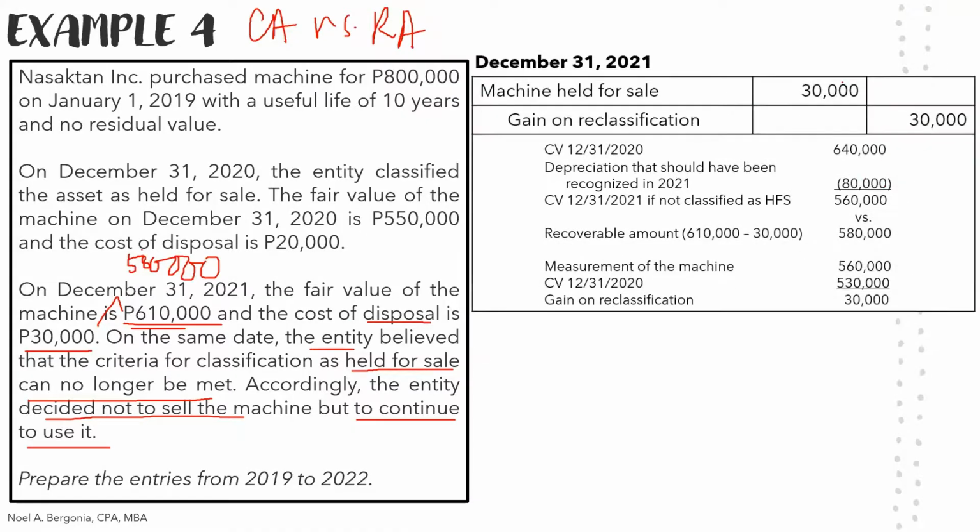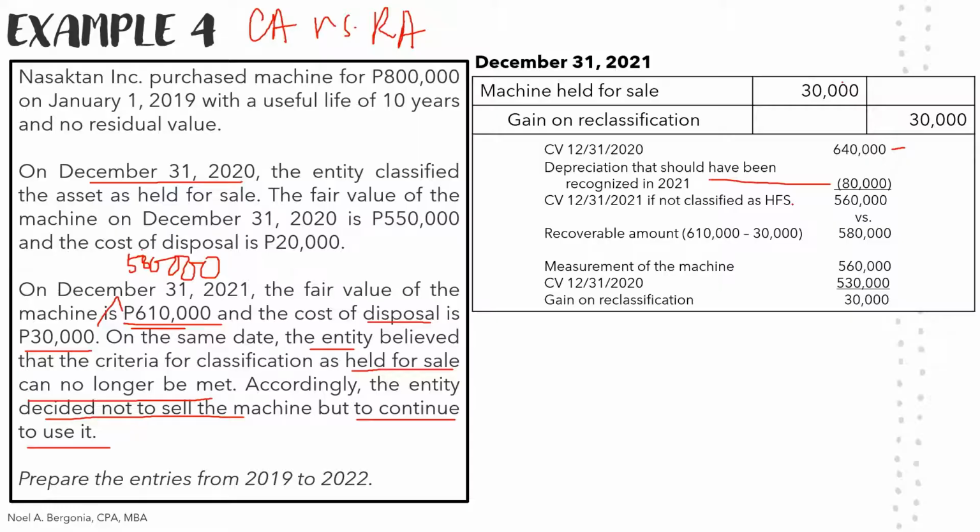So, ikukumpara natin siya doon sa carrying amount as if hindi siya na-classified as held for sale. So, kung babalikan natin, we have 640,000 which is yung carrying value on December 31, 2020 nung bago tayo nag-classified as held for sale. And then, yung hindi po na-take up na depreciation in 2021 kasi naka-still classified pa rin siya as held for sale. So, minus 80,000.